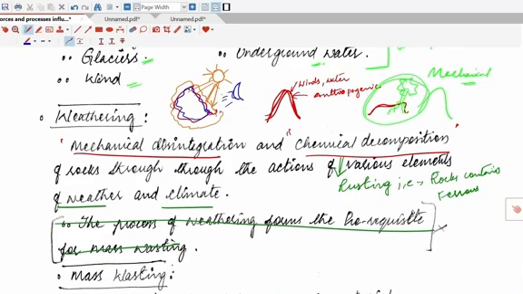The upper layer gets broken, and it forms weathering. It is also a kind of weathering due to climatic factors.